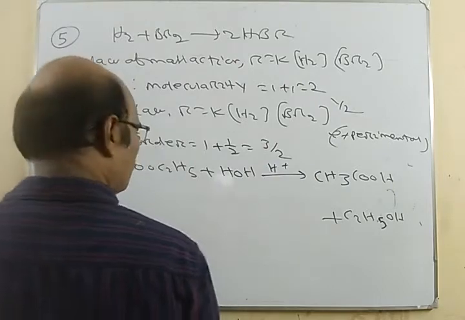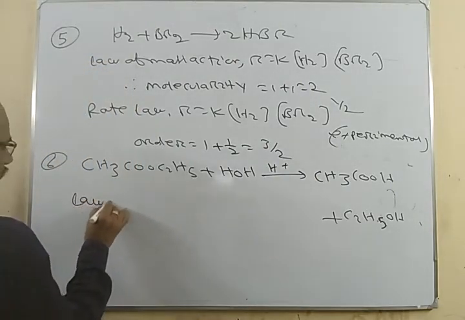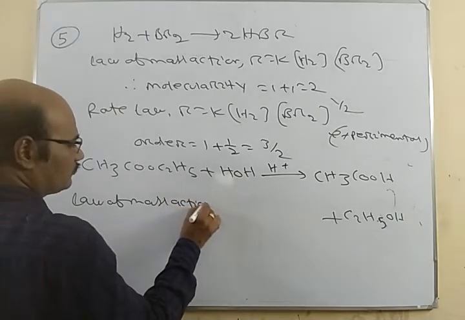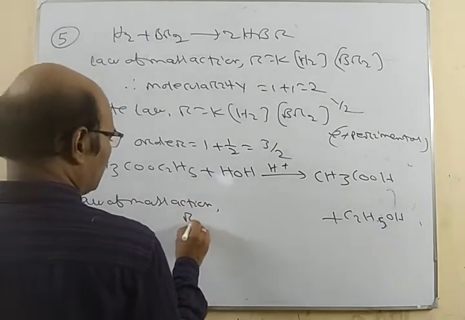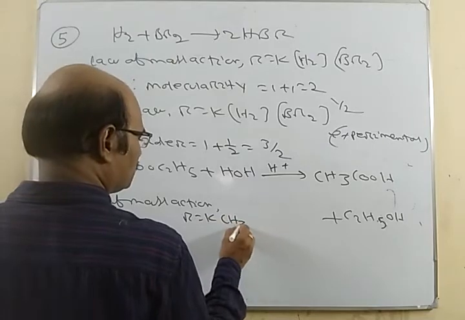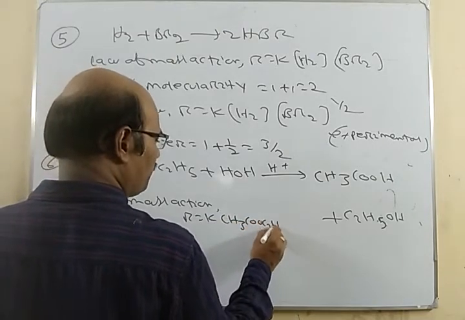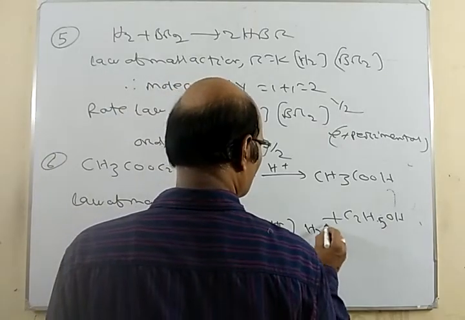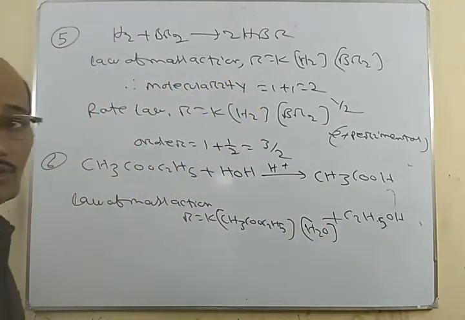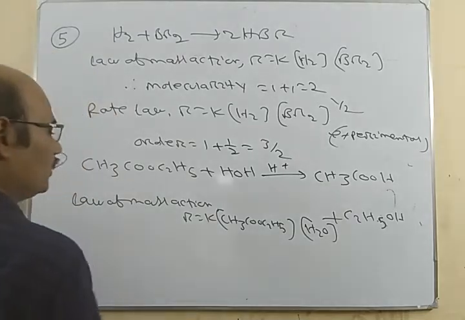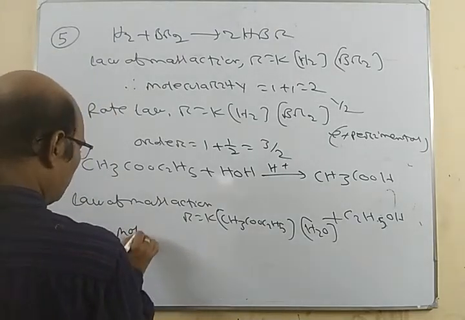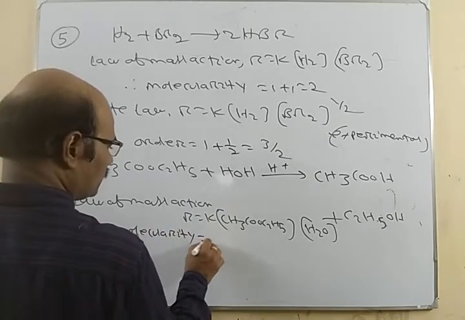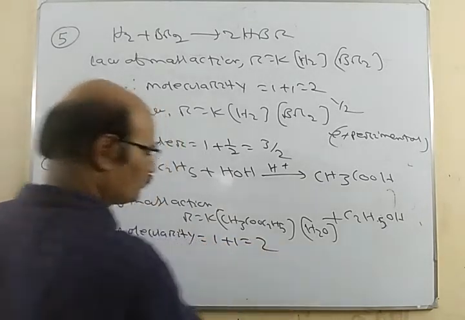By the law of mass action, R is equal to K [CH3COOC2H5] into [H2O]. So here molecularity is equal to 1 plus 1 equal to 2.